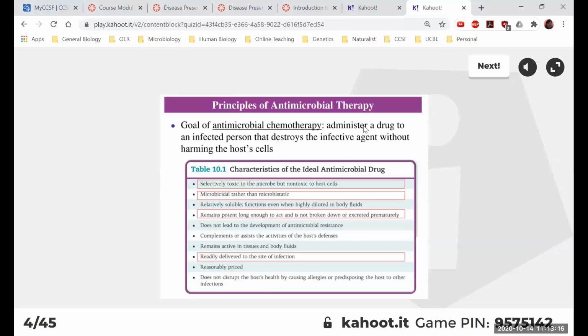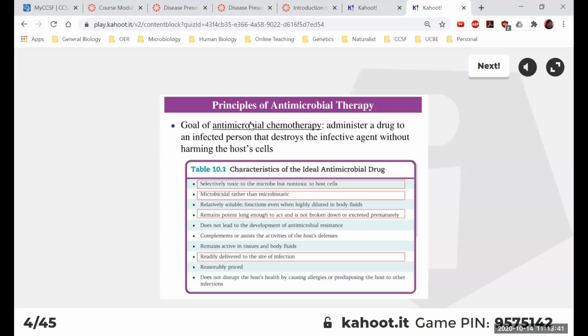The main goal for using antibiotics for treating infection: there's this whole table about the ideal drug. Of course, this is basically your wish list. Number one is you have to have a pretty good selective toxicity, meaning that you want the drug to be able to kill the microbe, but not be toxic to the host cell.